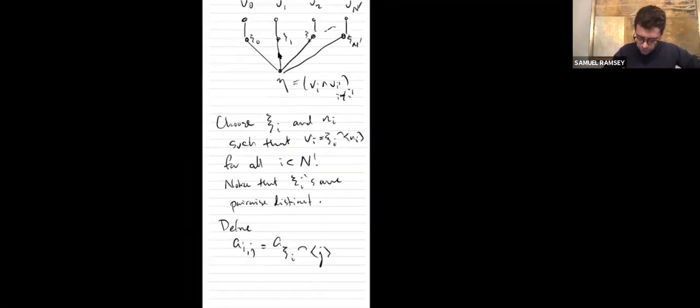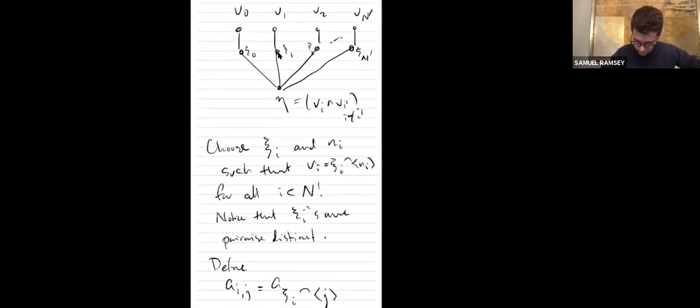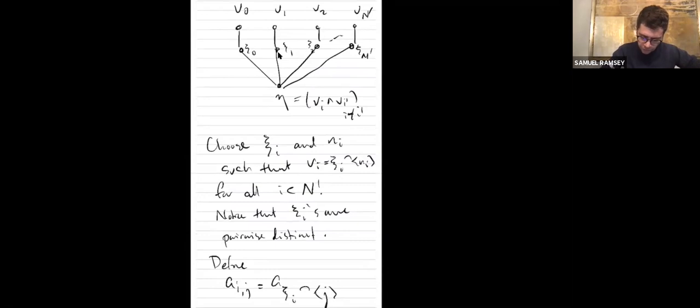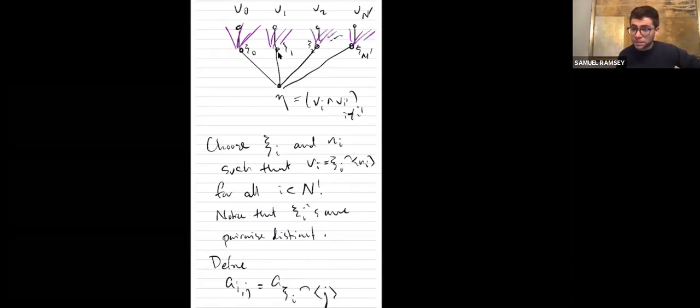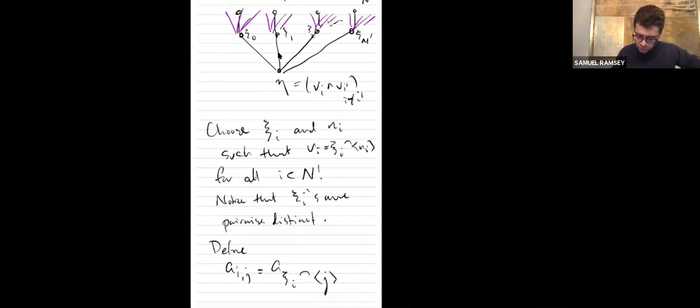So let's look back at our picture here. I look at all of the infinitely many successors of these things. So now I'm looking at an array where the elements are like this.